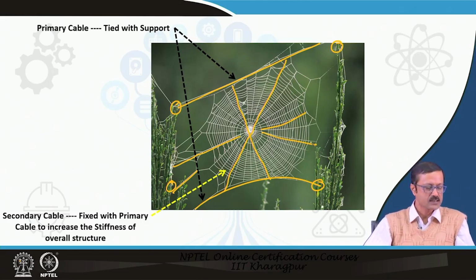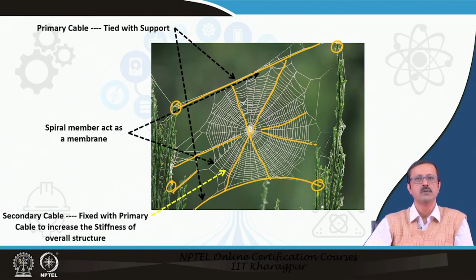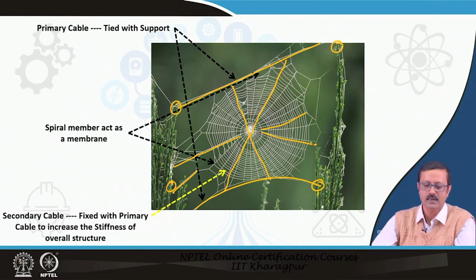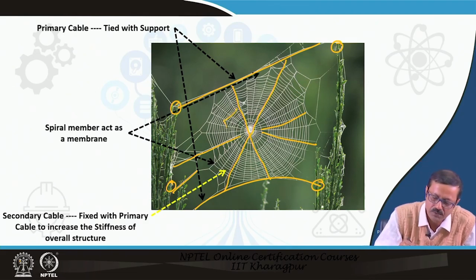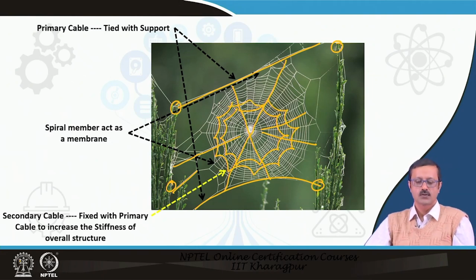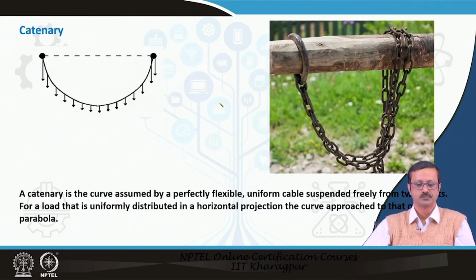And finally, there is a spiral member also, which acts as a membrane. So there are cables like this and spiral cables like this, and those create these kinds of membrane structures. See how beautifully they create this cable formation, the total structural formation, based on two sets of cable and one set of spiral membrane cable.